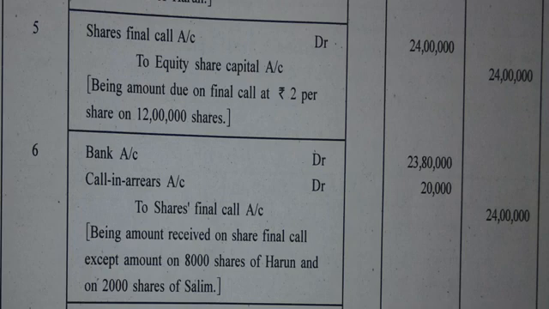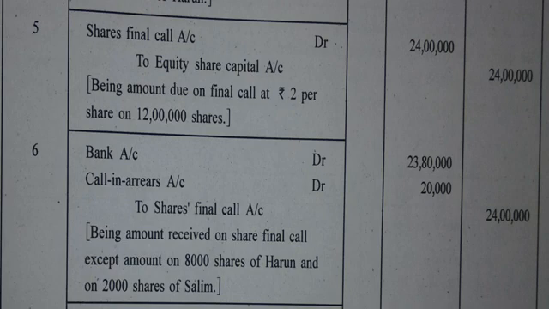So when you deduct 20,000 from 24 lakh, it gives you 23 lakh 80,000 rupees. So the net amount received is written in bank, 23 lakh 80,000. Call in arrears account is to be debited 20,000 to share final call account 24 lakh. This simply means that out of 24 lakh, 20,000 is not received and 23 lakh 80,000 is only received.